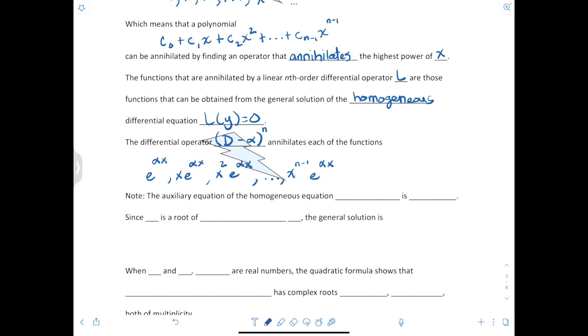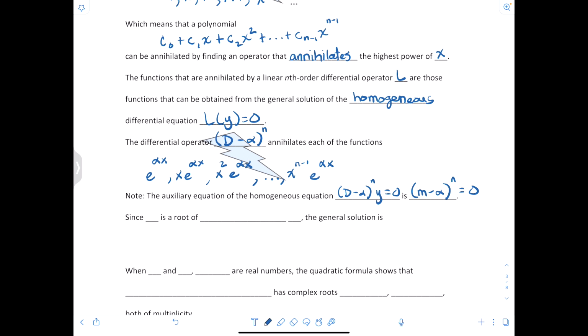Now, keep in mind the auxiliary equation of the homogeneous equation (D minus alpha) to the n times y equal to 0 is (m minus alpha) to the n equal to 0.